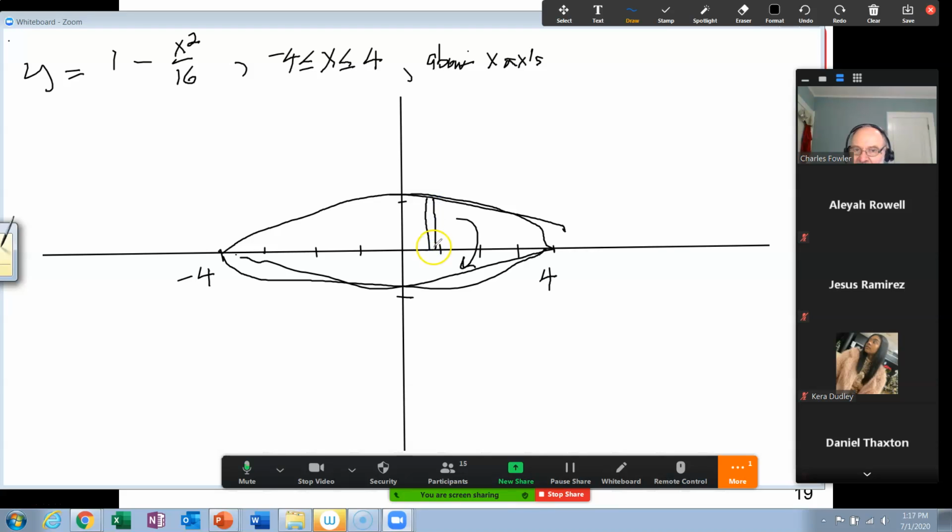Well, you can get this volume by, okay, now again, what I said before is almost going to work here too. If you do this, just this one, where x is going from 0 to 4, and take this around the y-axis here, okay, that would be your axis of rotation. That's going to make you a shell, right?